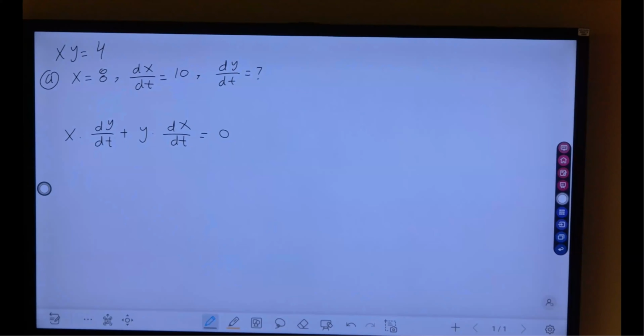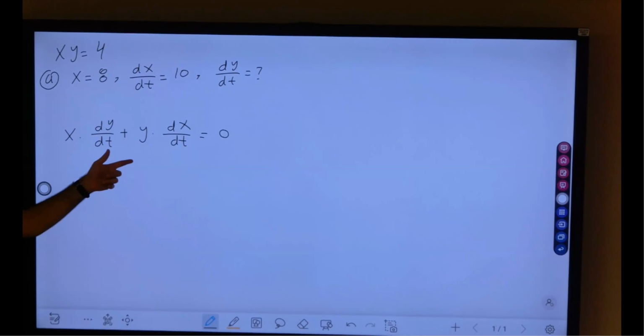Now let's check what we have and what we need to find. We need to find dy over dt. Do we have x? Yes. Do we have y? No, we don't have y. How are we going to find the y?